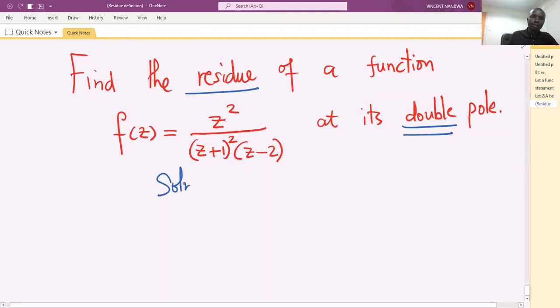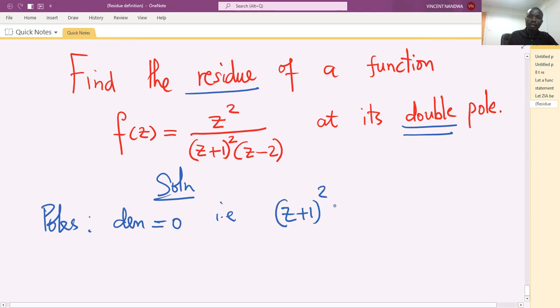So solution: the poles are given by taking the denominator, equating it to 0 and solving. That is, (z plus 1) squared times (z minus 2) equals 0.